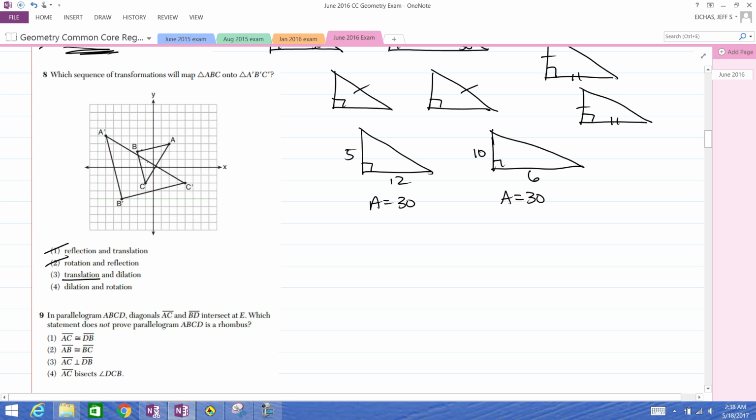Well, let's look right here. AB would be parallel to A prime B prime under a translation. They're not. So we didn't use a translation. We must have used a rotation, and it looks like that. We made it bigger, and then you'll definitely have to rotate.